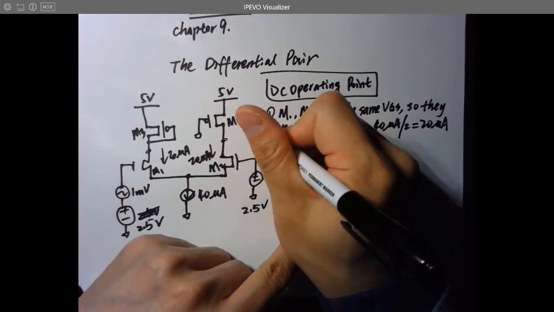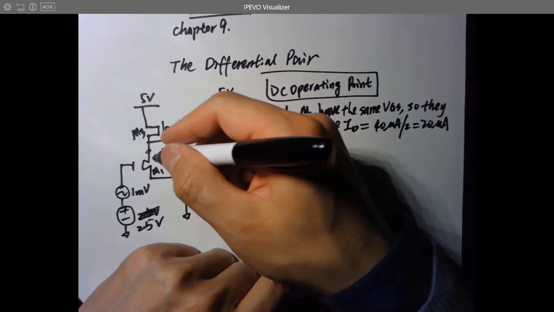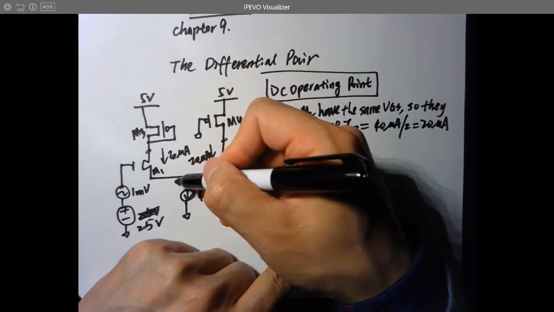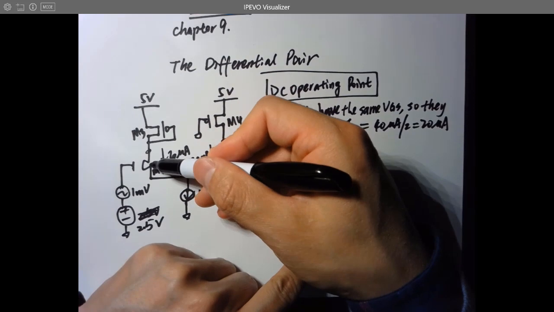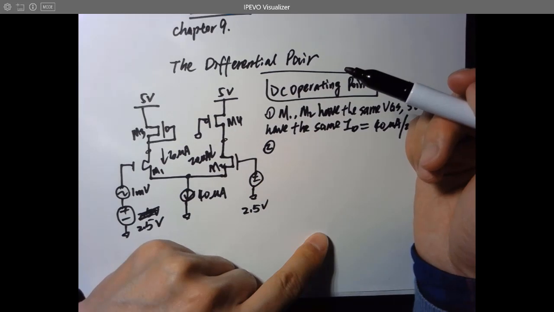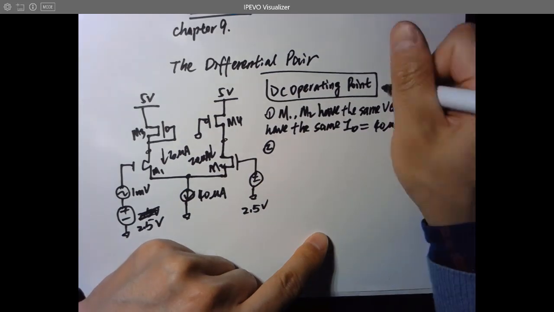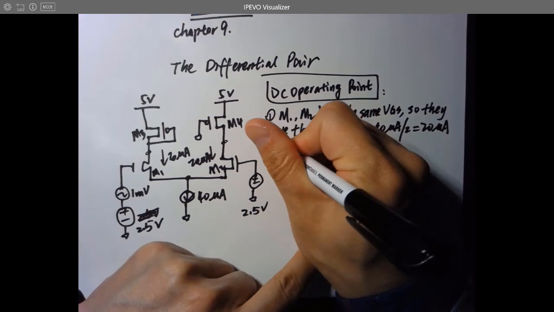Okay, and the second one, if we know ID, 20 microamps is the ID for this transistor and this transistor and also this and this. If you know ID, can you still remember the equation I want to use to calculate VGS? Remember that one?